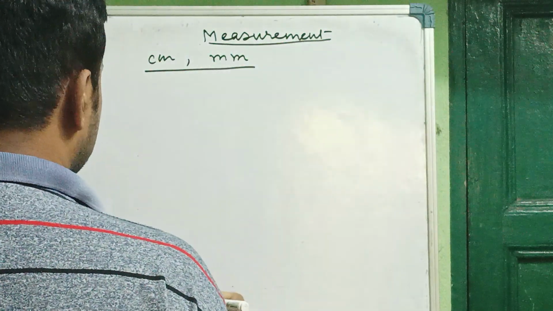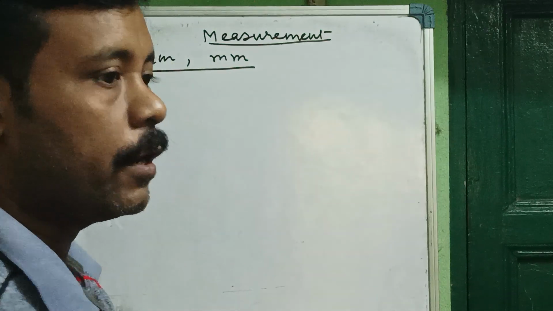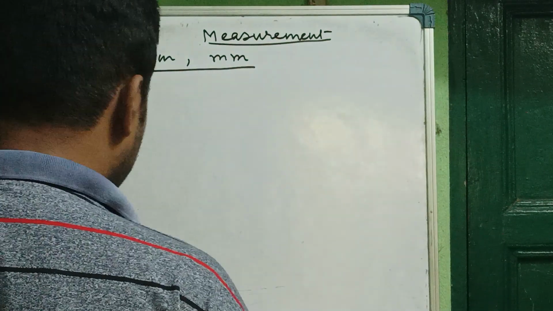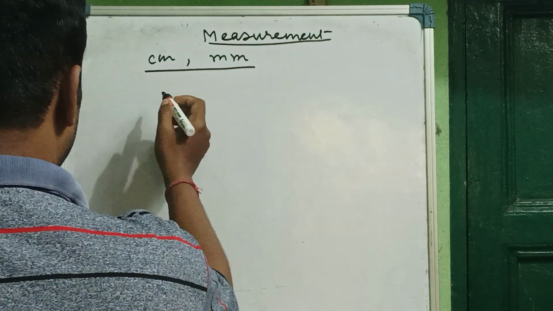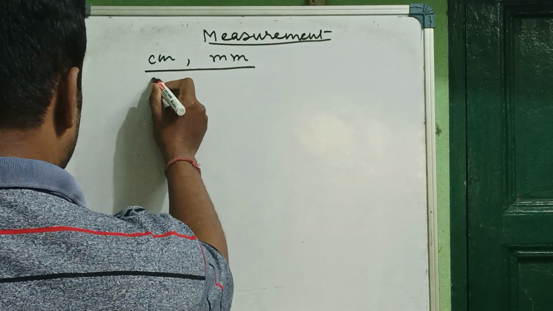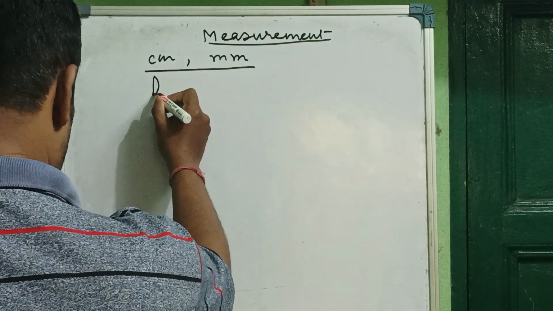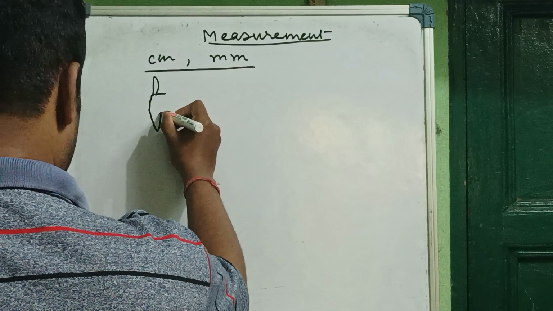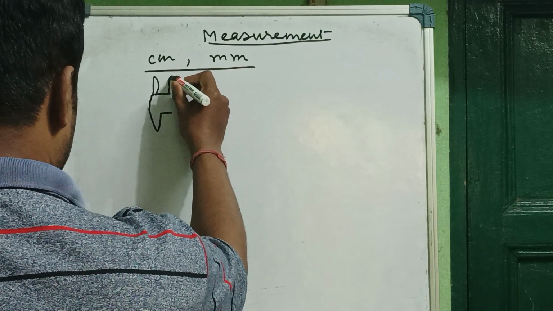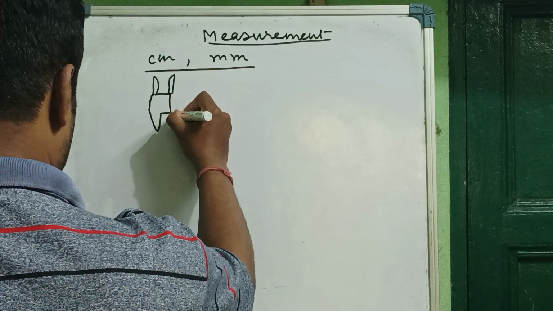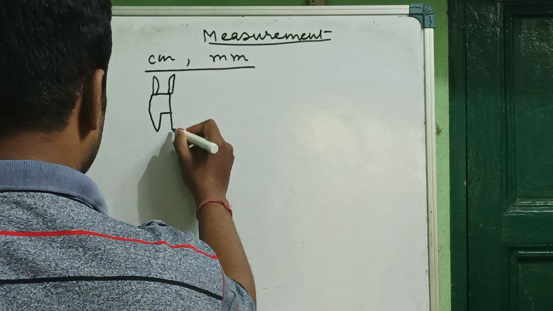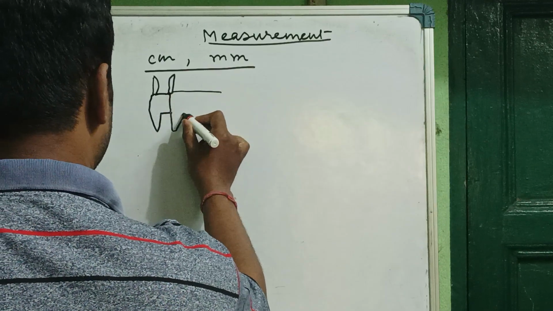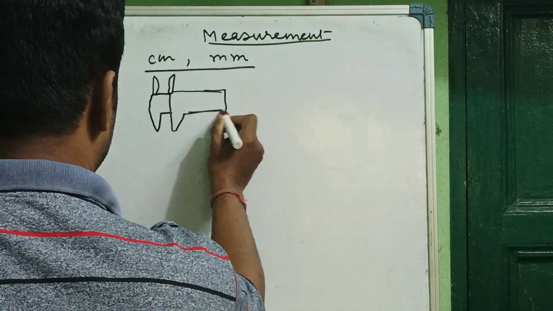So this chapter has two main things: the Vernier calipers and the screw gauge. For the Vernier caliper, we first draw the Vernier caliper like this diagram, a simplified freehand drawing.